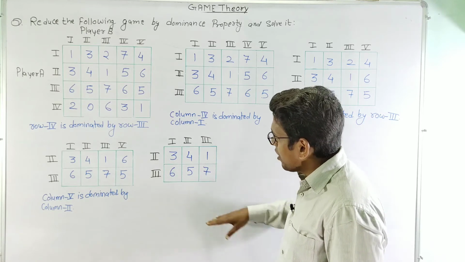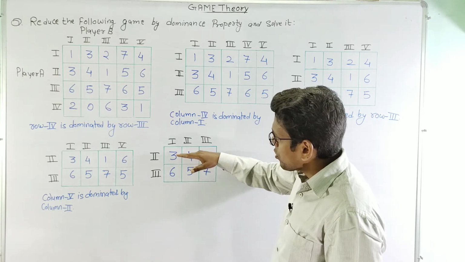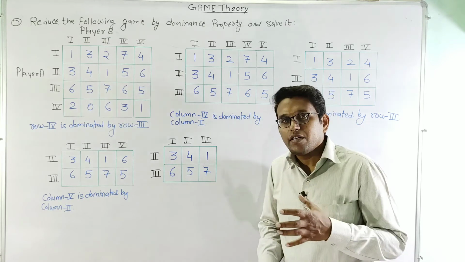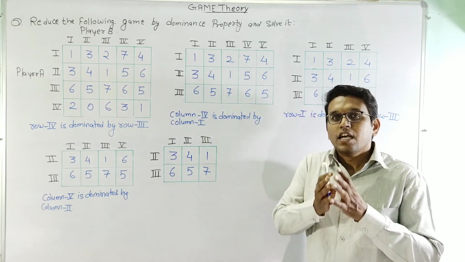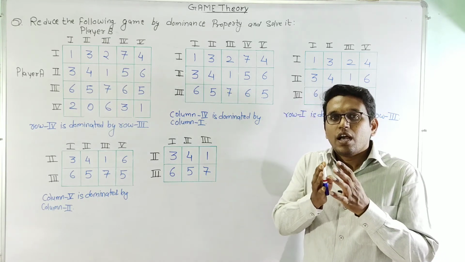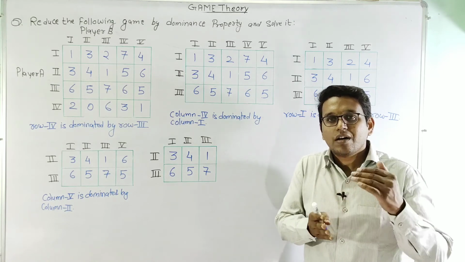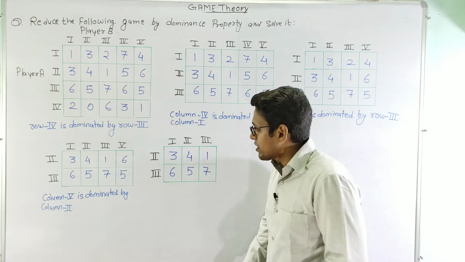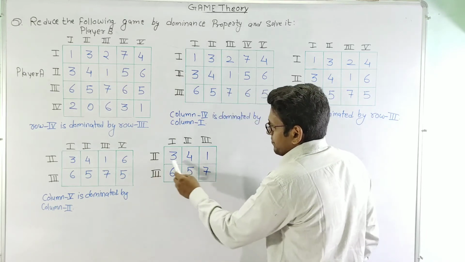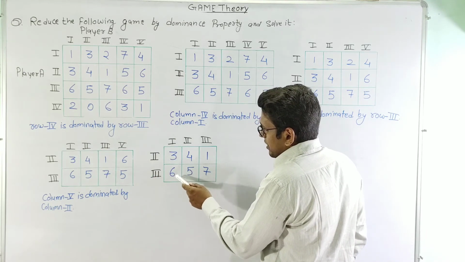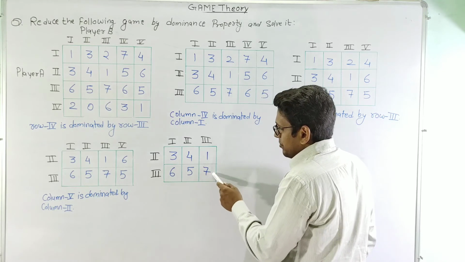This means that row 3 dominates row 2, and we have learned in row domination that the dominated row must have each element either less than or equal to the other existing row. So here the dominated row is this, and it has each element less than the other element.